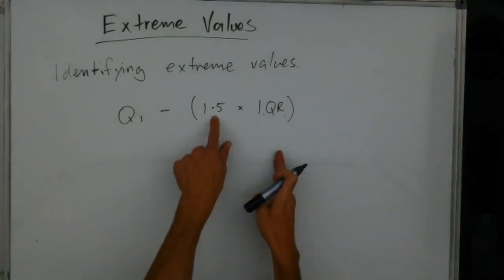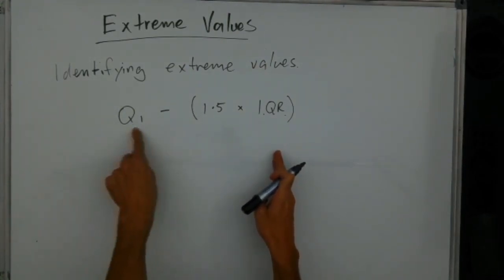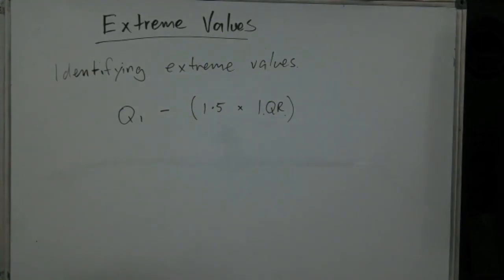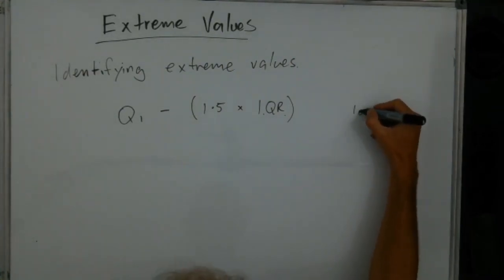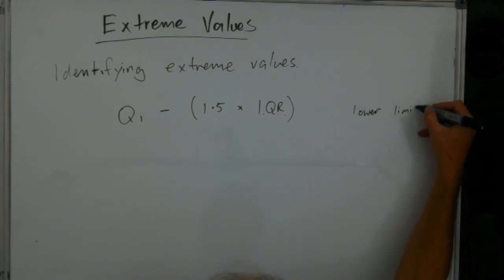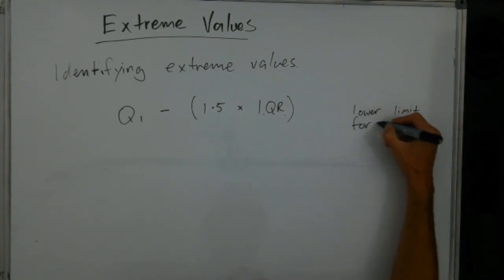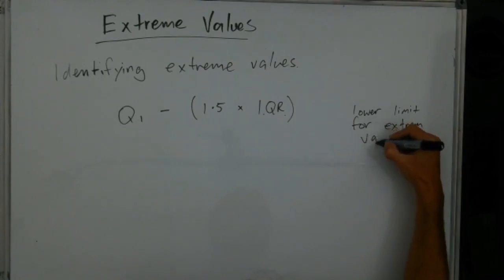We multiply that by 1.5 and then we take it away from that lower quartile. So this is the lower limit for extreme values.